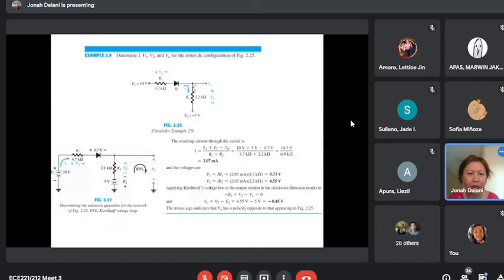The question: determine the current, the voltage across the 4.7 kilo ohm resistor, the voltage across the 2.2 kilo ohm resistor, and then the output voltage VO. This time, VO is no longer the voltage across the 2.2 kilo ohm resistor.